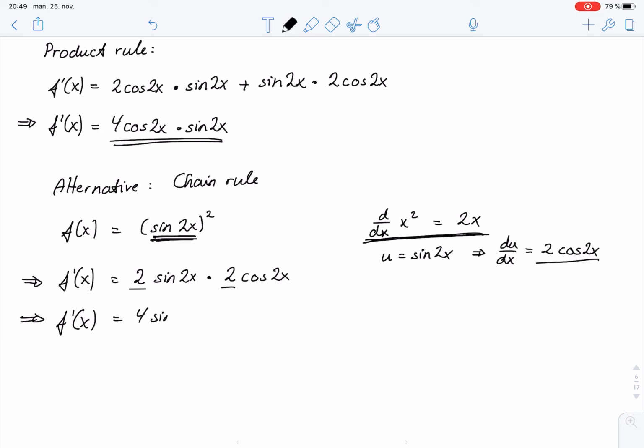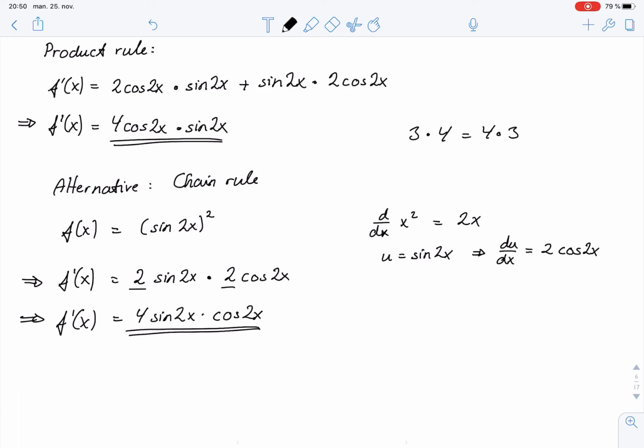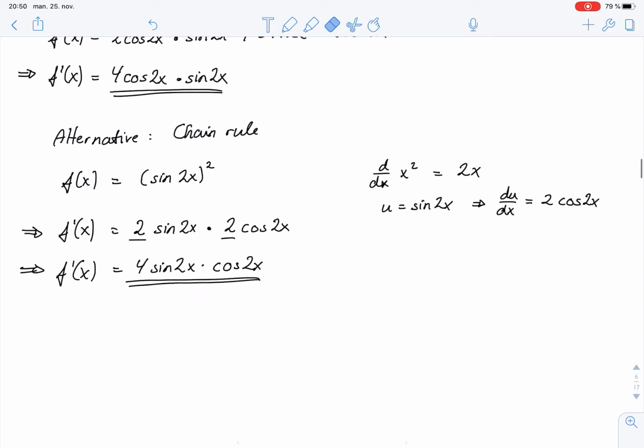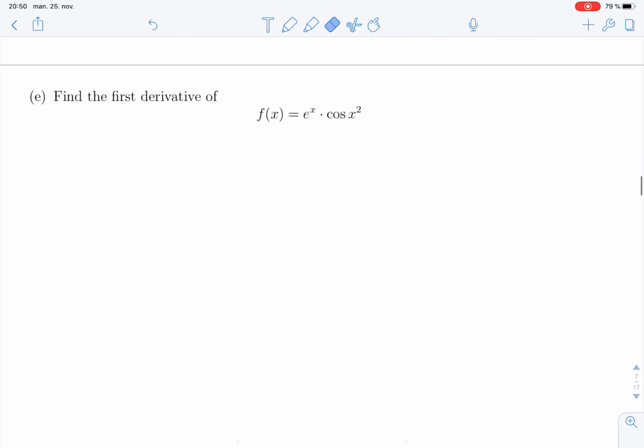And we have sine 2x times cosine 2x, which is totally identical to what we had above, except that here we have cosine times sine, but the order doesn't really matter, right? Because 3 multiplied by 4 equals 4 multiplied by 3. Or whatever you multiply with each other, you can shift the order.